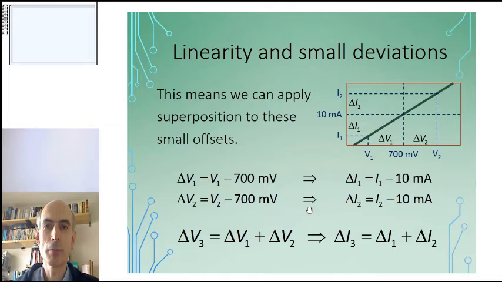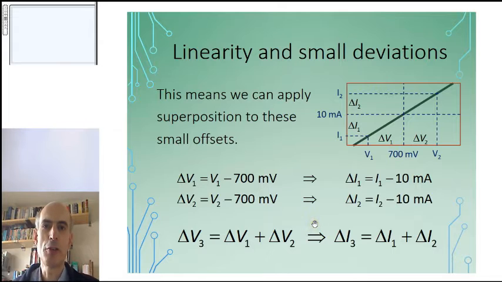So superposition, which I can use over this small range of voltages and currents because I do have a straight line here, and my straight line goes through the point that delta V equals 0 gives delta I of 0, then I could say that the total voltage difference from the operating point, due to both of these sources, both of these effects, would produce total change in current, which is the sum of the two changes in currents. We'll see an example of this in the next video.